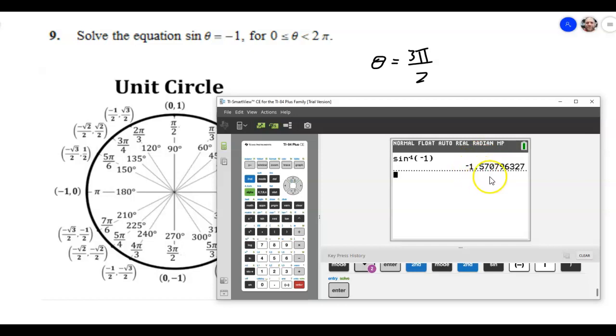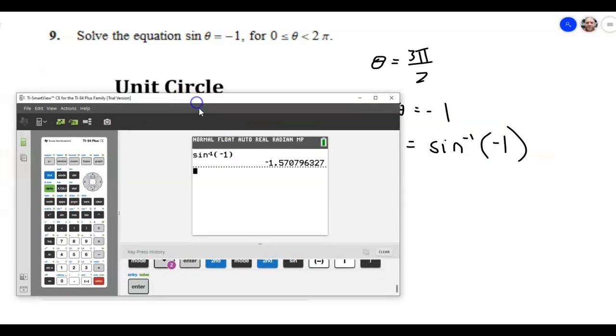This thing is not in terms of pi, and TI-83 and TI-84 calculators, which are required for this class, don't give us our answers in terms of pi. So we can check our answer very often, and sometimes it'll give it to us if we have an answer that's not in terms of pi, which happens.